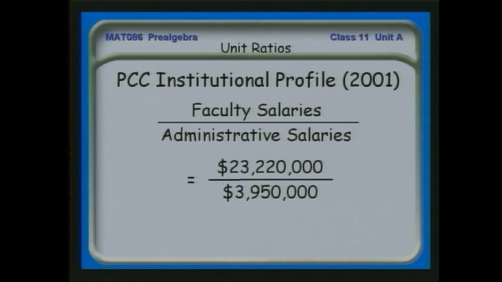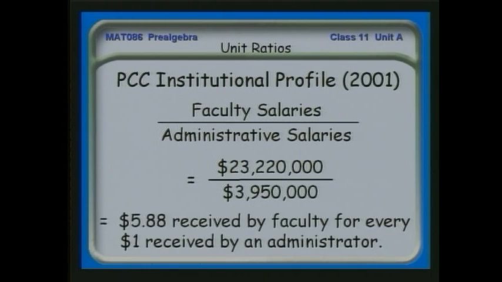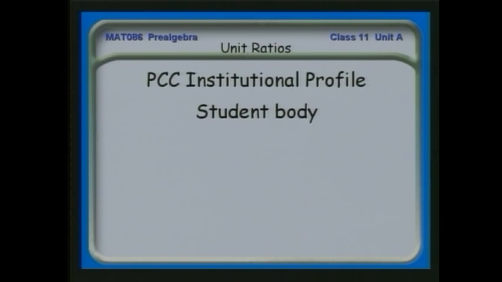Dividing the 23,220,000 by the 3,950,000 to get the unit ratio, I find that $5.88 is received by faculty for every $1 that is received by an administrator. So the ratio of money paid to faculty to the money paid to the administrators is about 6 to 1, $6 for every $1.